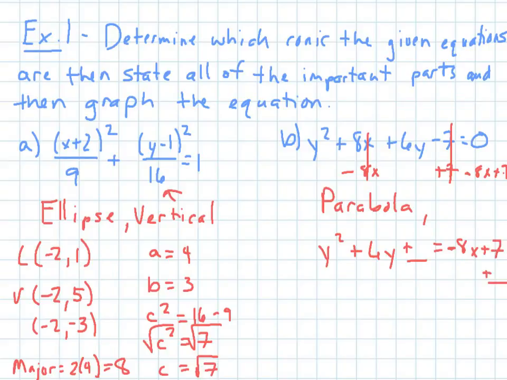Okay, so then half of 6 squared should give me 9. And so then that's what I'm going to add to the other side and complete my square. 9 plus 7 gets me 16.